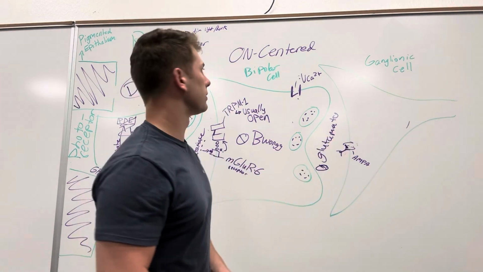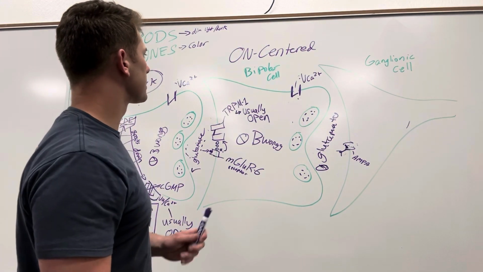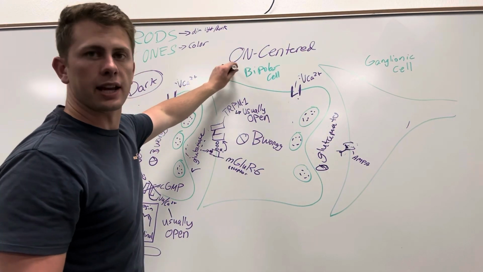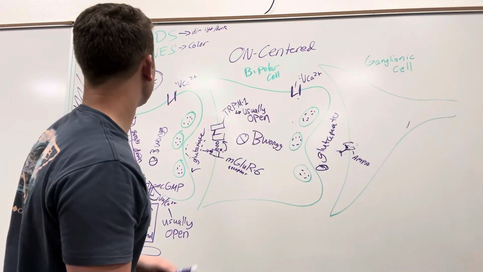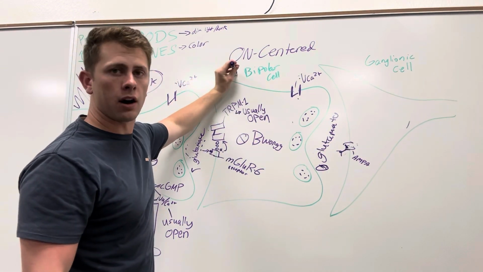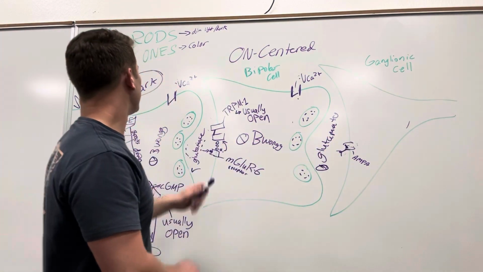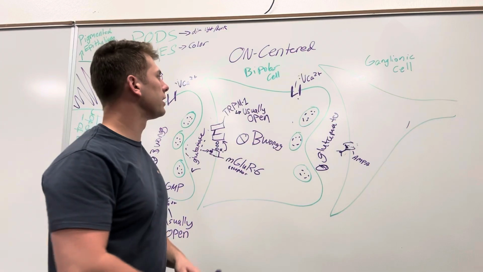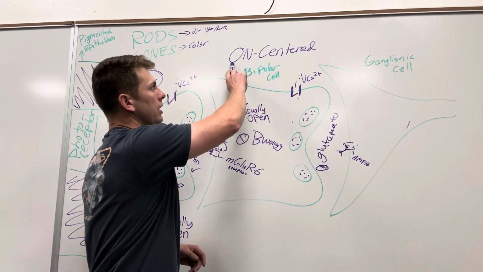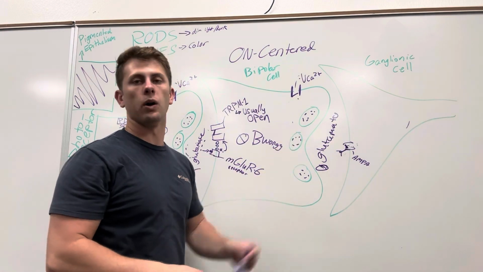No action potential. So basically what that means, on an on-centered bipolar cell, light shining on the on-centered will cause an action potential. Dark, what we just did, will not activate this on-centered bipolar cell and no action potential.